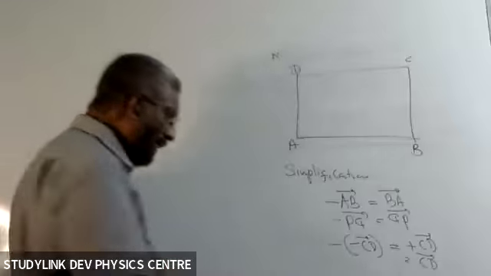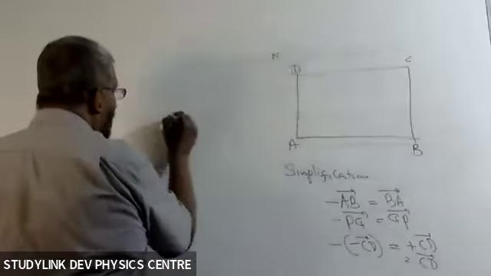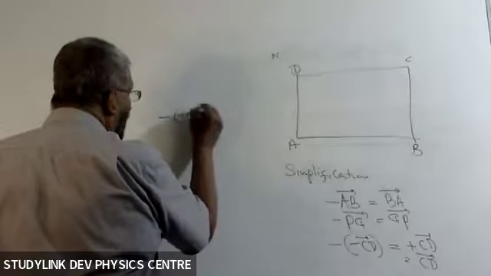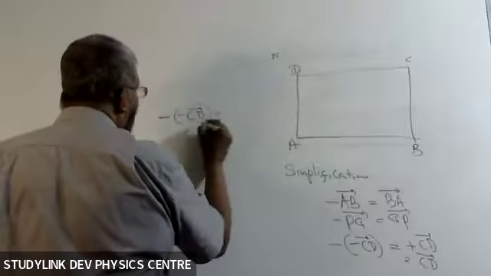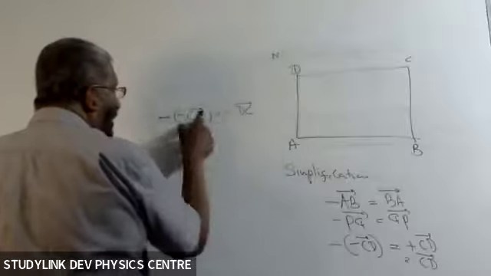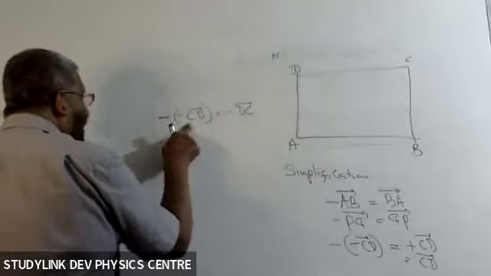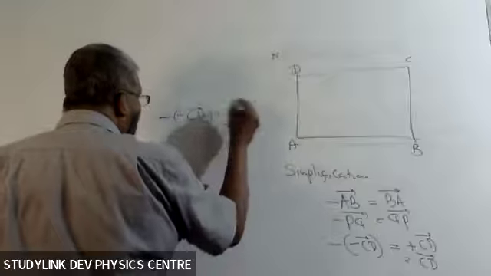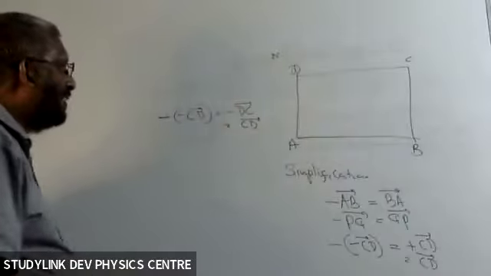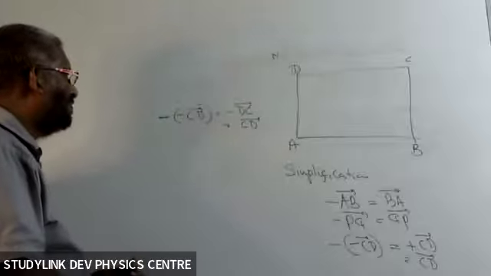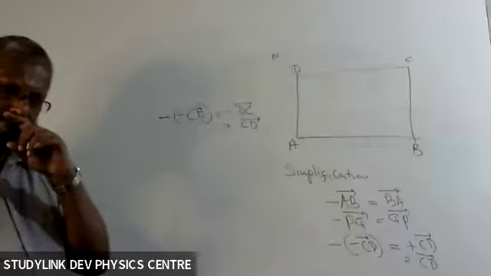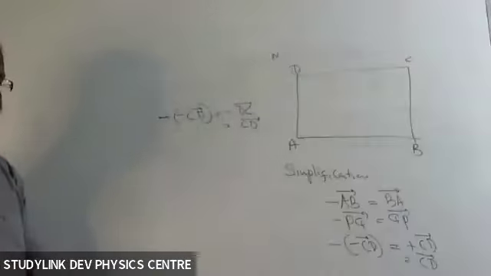Or you can say minus negative CD. Then we can consider it as minus DC. Why? You change the direction. Then minus DC again changes the direction to DC. Then CD. Same thing, minus minus plus, then CD. Note down that also.